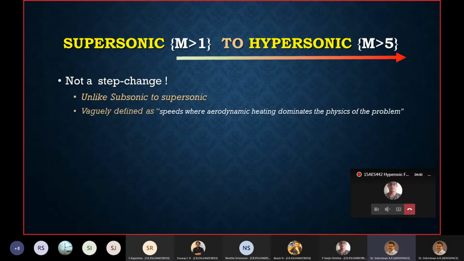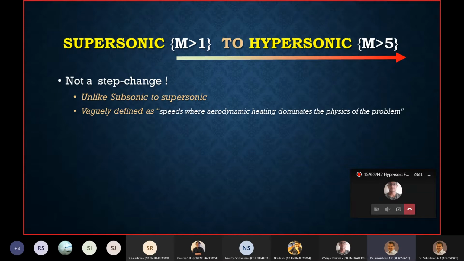Now, prior to that, we know what hypersonic flow is: Mach number 5 and above. As you would recall, this was highlighted in the compressible flow class when we categorized the flow regimes. Anything Mach 5 and above is hypersonic. But it's not that anything happens dramatically at Mach 5. It's a gradual change.